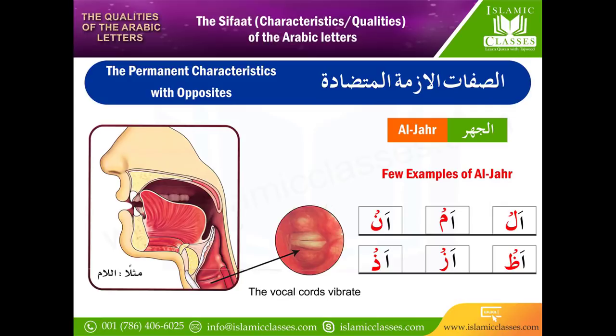As you can see in the image, the vocal cords vibrate. This is basically the difference between al-hams and al-jahr. In al-jahr, the vocal cords vibrate while pronouncing the letters. The letters have this quality because 10 letters have al-hams quality, and the rest of the letters have this quality of al-jahr.